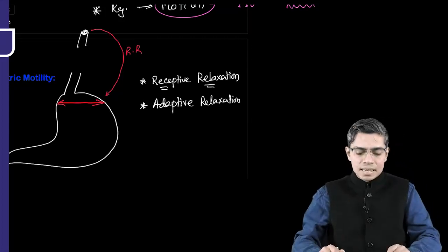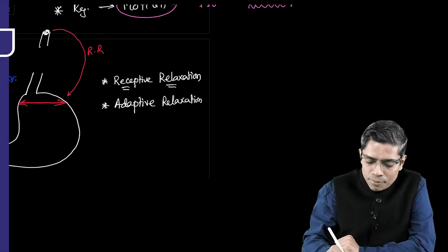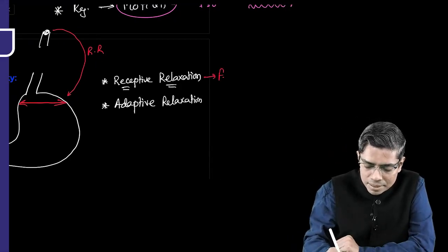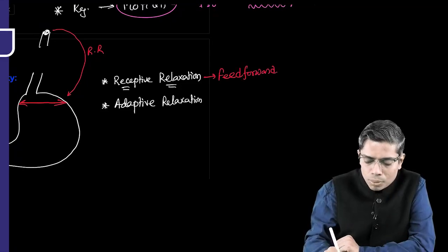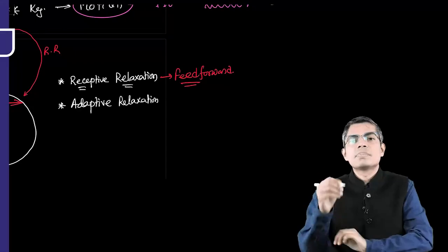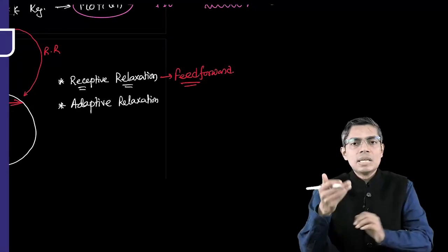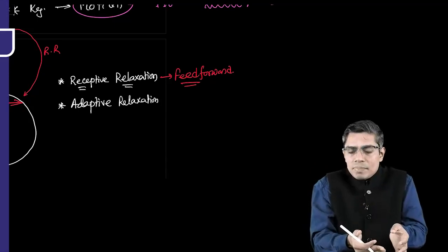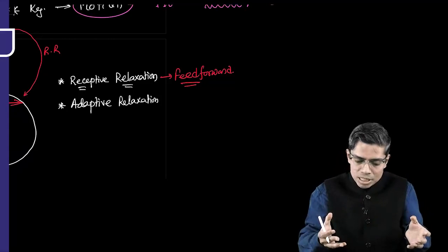It is said that receptive relaxation is a kind of feed forward mechanism, right? Feed forward means an anticipatory control system. The stomach is anticipating that food is going to come, so it relaxes to accommodate the food particle.